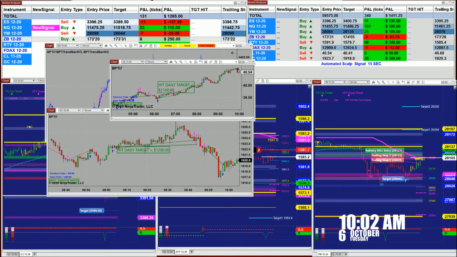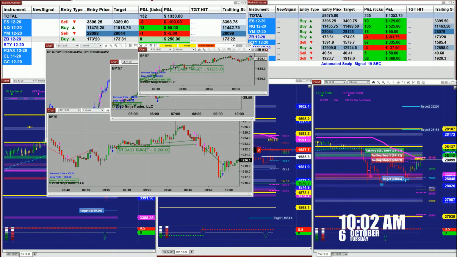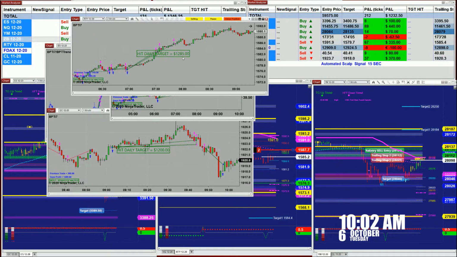The Russell was a beautiful trade earlier, and then it was 1,285. And we showed you the DAX, and you can use 3 minutes if you want. You can use 5 minutes if you like.